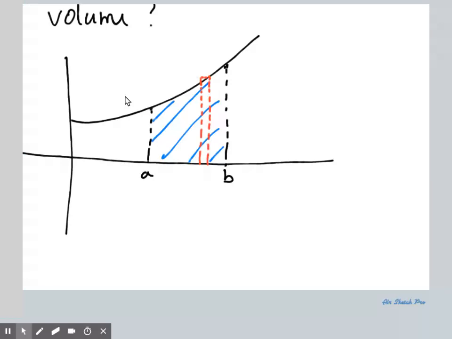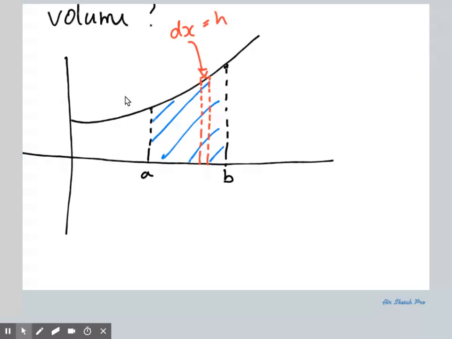Then this distance here is that change in x value, isn't it? It's the change in x, which we normally use dx to describe. It's the distance from one x value to a little bit further along. So it's dx. On a cylinder, that's like the height.